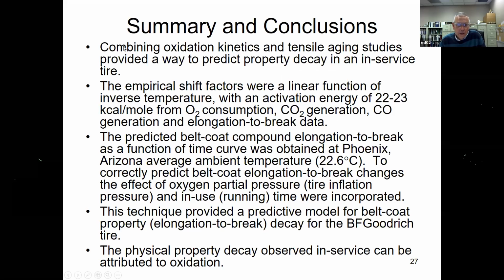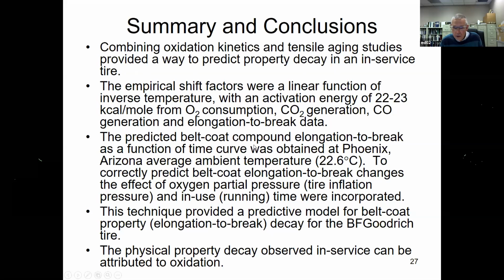So in summary, we say combining oxidation kinetics and tensile aging studies provided a way to predict property decay in an in-service tire. The empirical shift factors were a linear function of inverse temperature with an activation energy of 22 to 23 kilocalories per mole from oxygen consumption rate, CO2 generation rate, carbon monoxide generation rate, and elongation to break data.